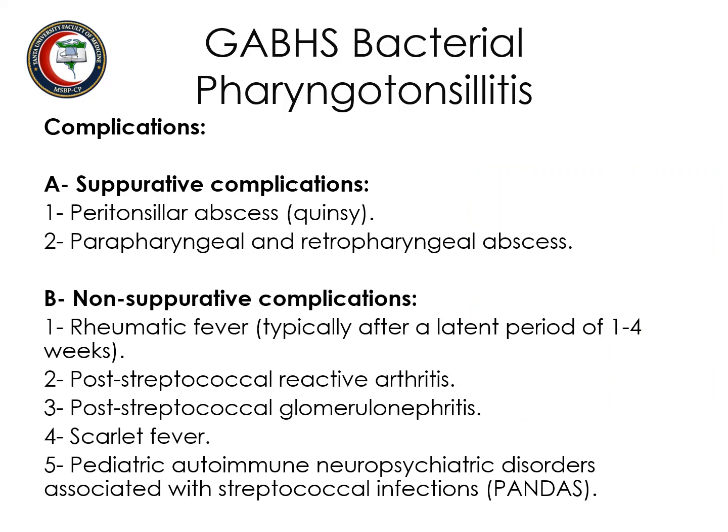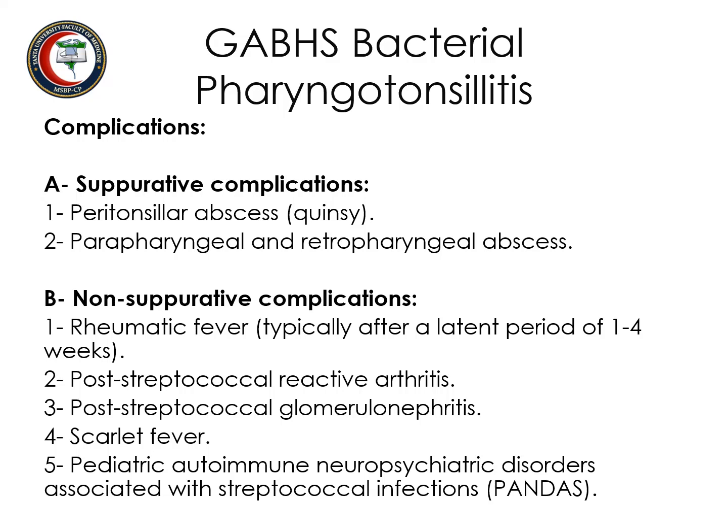The complications that might develop in group A beta hemolytic streptococcal bacterial pharyngotonsillitis could be widely divided into suppurative complications and non-suppurative complications. Suppurative complications include peritonsillar abscess: if the infection inside the tonsillar crypts ruptures through the tonsillar capsule into the peritonsillar space, then the patient will develop a peritonsillar abscess.